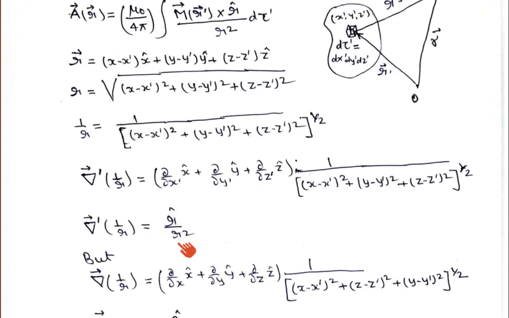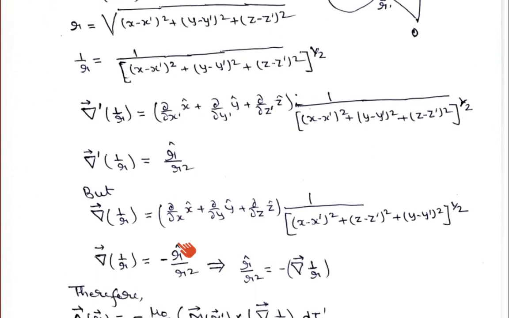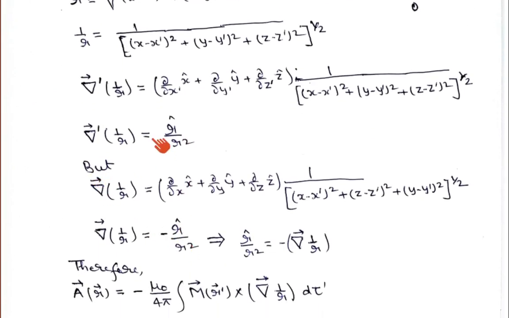But if you do the same operation, taking the gradient of 1 upon r, where the del operator is in terms of the x, y, z coordinates, that is del upon del x, x unit vector, plus del upon del y, y unit vector, plus del upon del z, z unit vector, and 1 upon r is the same, then you will get minus r unit vector upon r squared, rather than plus.